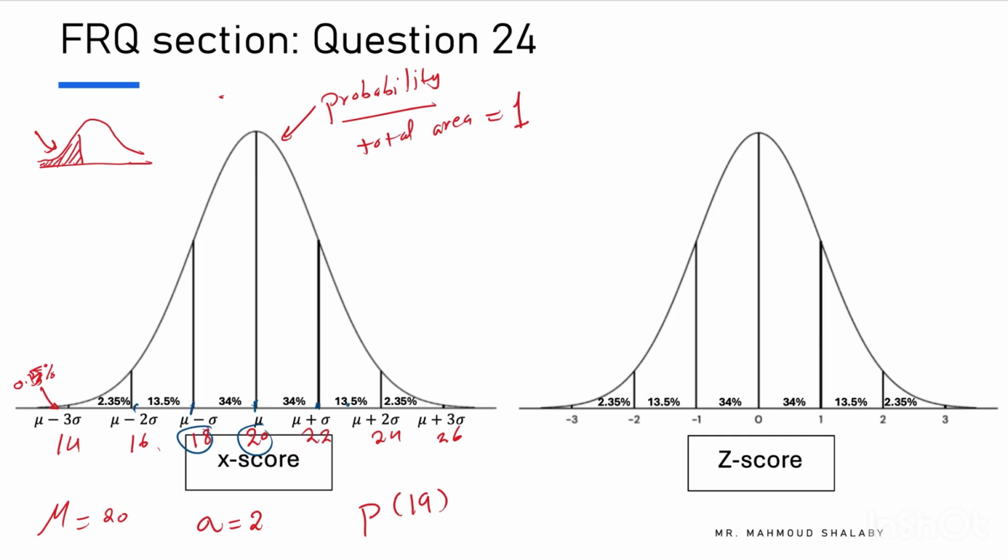So I don't know what the exact probability is. We know only these percentages for the stops here, for mu minus sigma, mu plus sigma, and so on. However, for 19 we don't know how to calculate this. As we said, we don't know exactly where it is, but I know it's somewhere between 18 and 20, and to be honest, it's exactly in the middle.